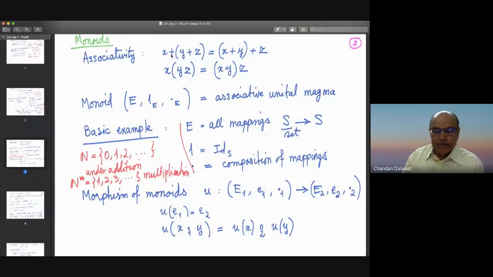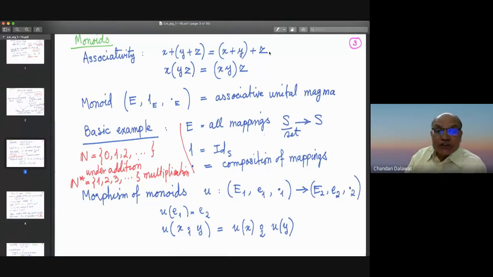On the right-hand side, you are adding x and y first, and then adding z to the result. And these two operations should give you the same result for all x, y, and z in the set E. Then you say that this law of composition is associative.